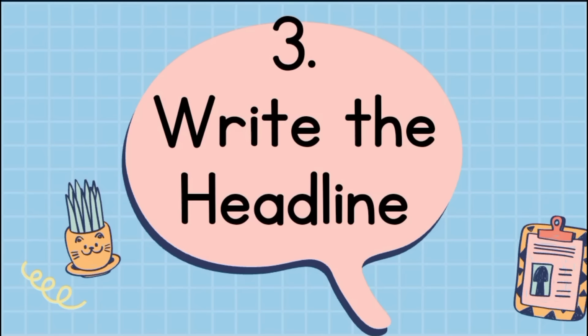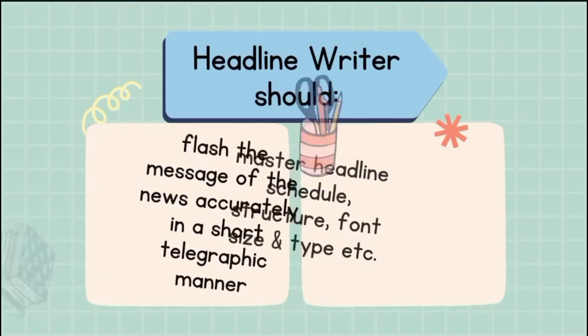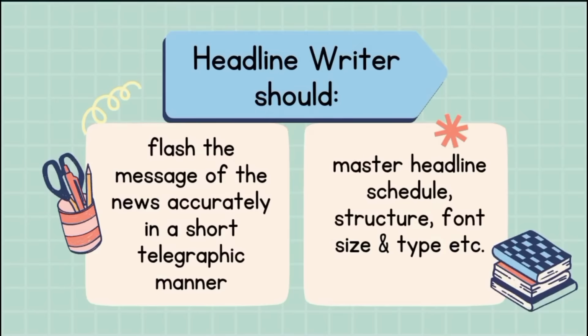One is to save space on the newspaper page. Another purpose is to keep it straight to the point. He should also master the headline schedule, structure, font size, and type, and etc. Again, you should have prior knowledge in news writing before learning copy reading and headline writing.